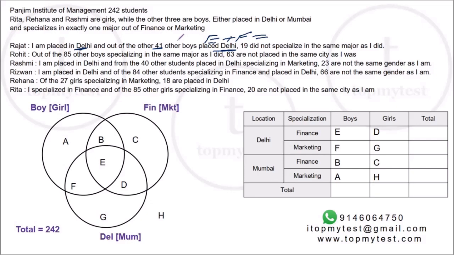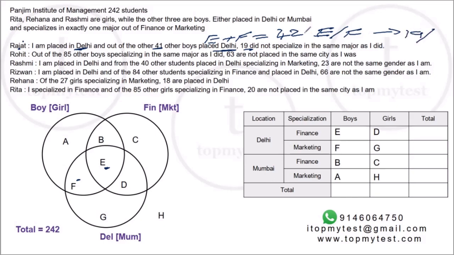How many will be ENF? 41 others plus Rajat. So 41 plus 1, this should be 42. Then it further says 19 do not specialize in the same major as I did. Now E specializes in finance, F specializes in marketing. But we don't know what Rajat's specialization is. So one out of E or F should be 19.